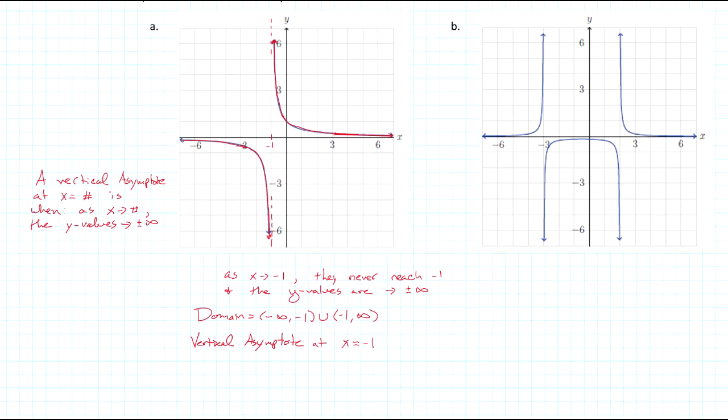Okay, and now we want to talk about the range and a horizontal asymptote. So for the range, I'm going to go back and kind of retrace our graph, but this time I'm going to be thinking about what the y values are on the graph. So I'm going to start from the bottom and work our way up. My y values keep going down forever, so the range starts at -infinity, and nothing is getting skipped.